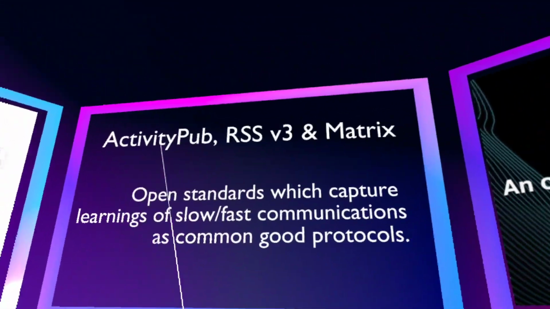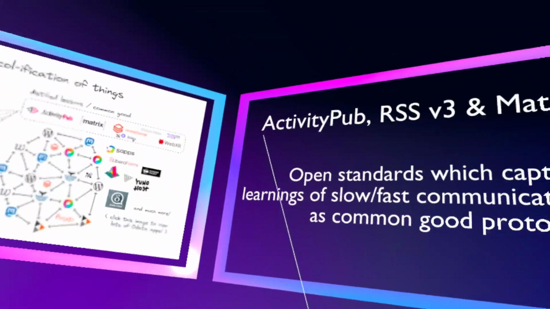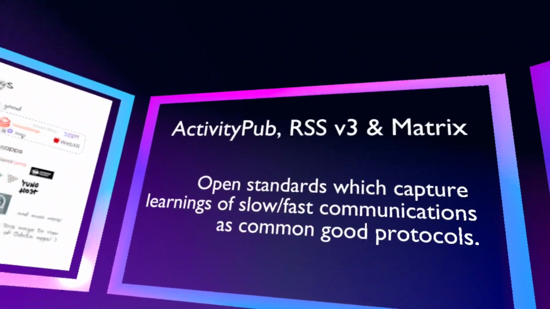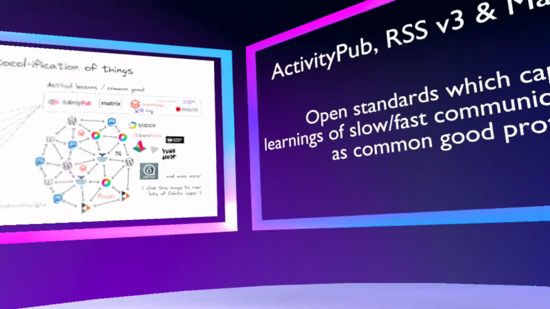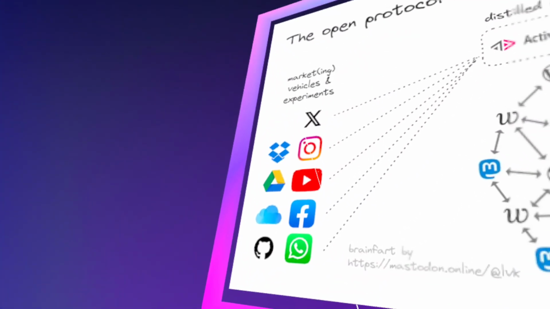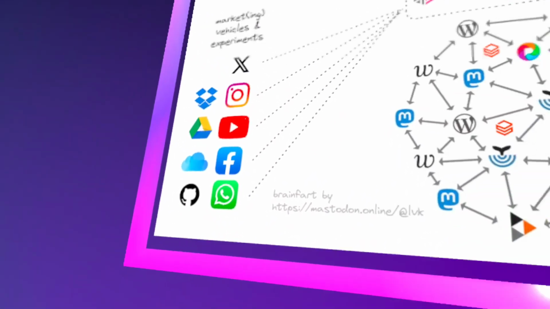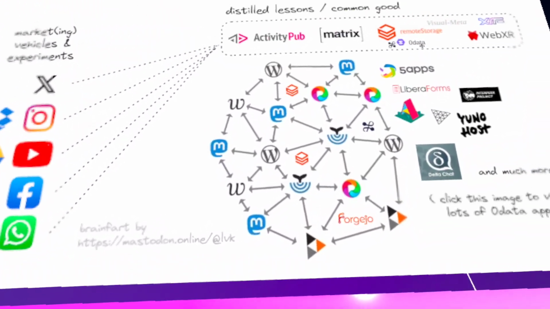So here are some things you should definitely check out if you haven't already. ActivityPub, RSS, Matrix: these are standards and technologies which bring information to you. Other products are also cool, but ultimately what they want to bring to you is ads and products.